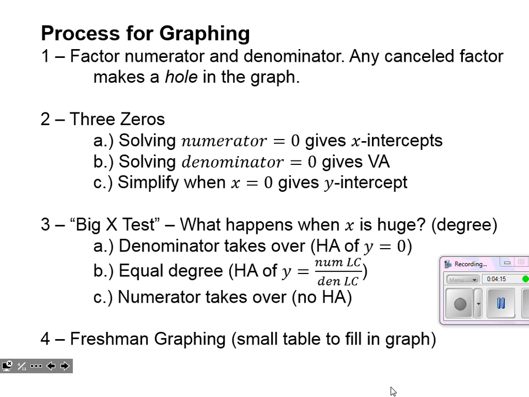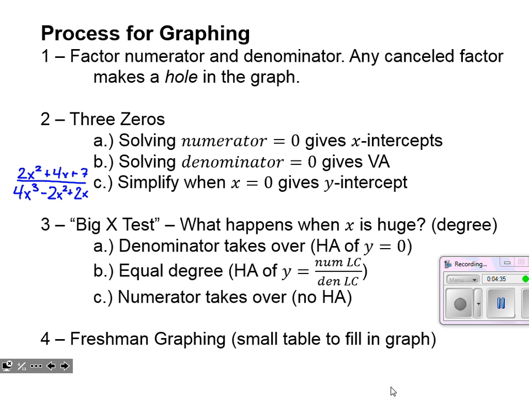So let's make a little example off to the side. You don't have to copy this down, but just to explain the big X test. If we have the function, let's say like 2x squared plus 4x plus 7 all over 4x cubed minus 2x squared plus 2x, something like that.